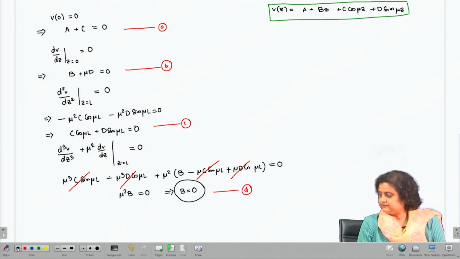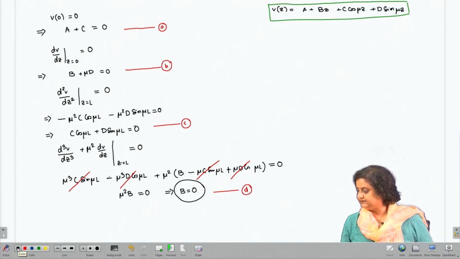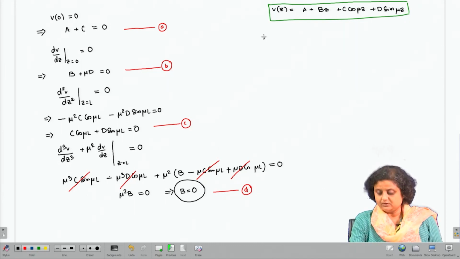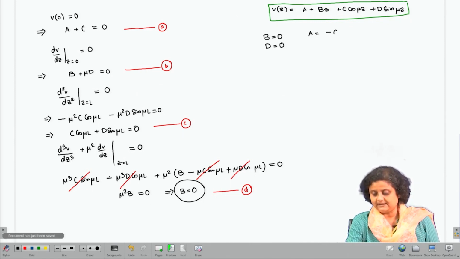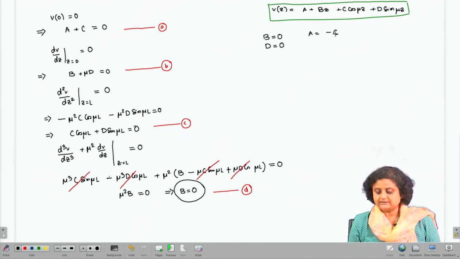Now, we can summarize this and write B is equal to 0. If B is equal to 0, from equation B we get D equals 0. The other thing we get is A equals minus C, and from equation C we get C cos mu L is equal to 0.